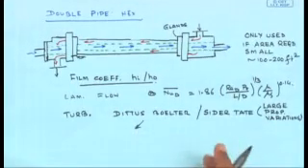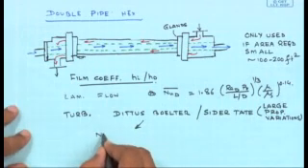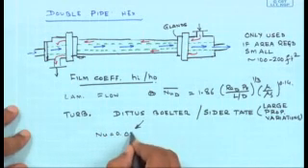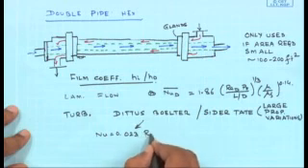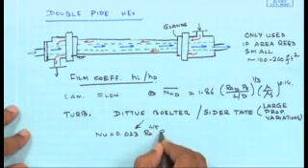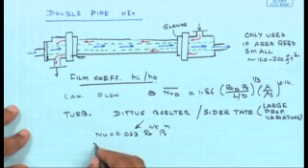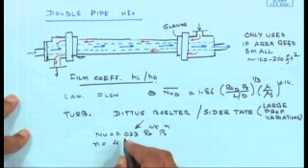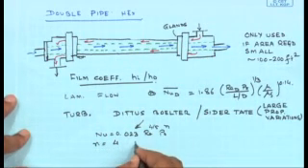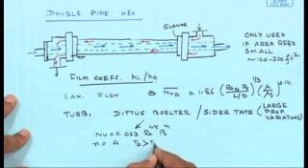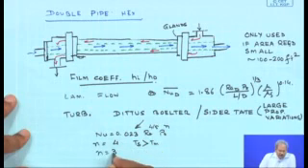but for completeness I am going to include it here as well, where the Nusselt number is 0.023, Reynolds to the power 4 by 5 and Prandtl to the power n, and this n can be 4 if Ts is greater than Tm, and n can be 3 if your Ts is less than Tm.